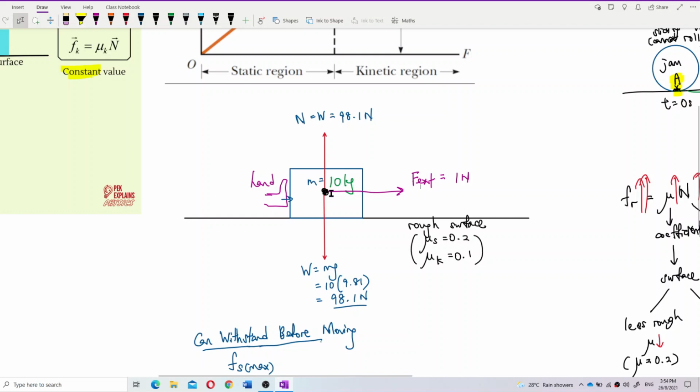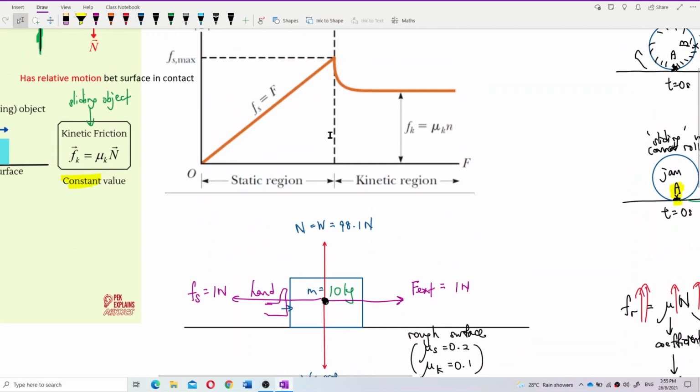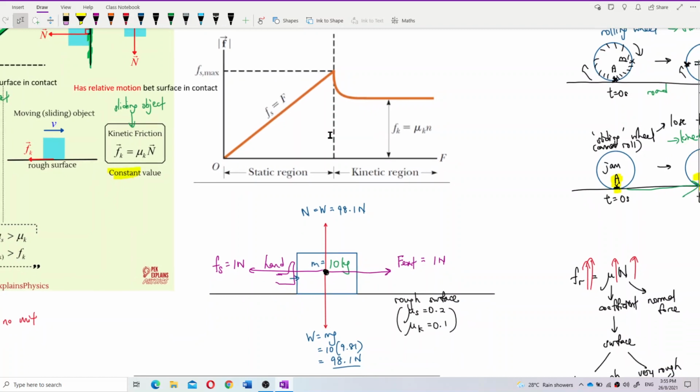So if I push with 1 Newton, the object will experience static friction of 1 Newton also. This is what it means by the static region here, when the object is not moving yet.